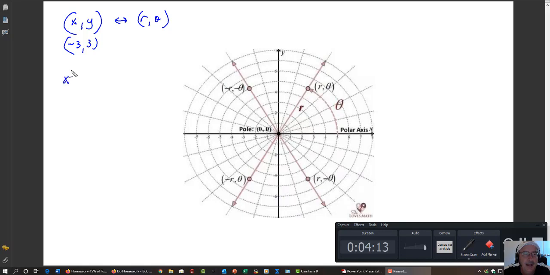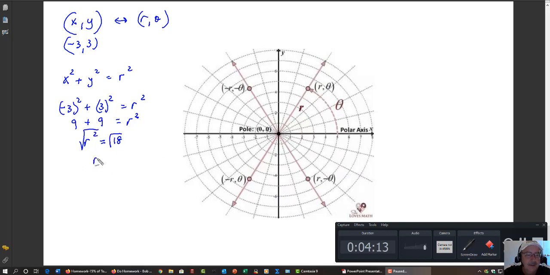Remember that x squared plus y squared is going to equal r squared. So we'll plug in -3 for x and +3 for y to get r squared. This will give us r squared equals 18, and then taking the square root of both sides. Remember, the radius is always going to be a positive number because it's the hypotenuse of that ordered pair.